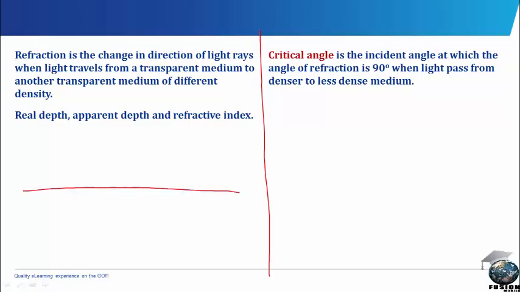That simply means the incident ray, the refracted ray, and the normal at the point of incidence all lie on the same plane.